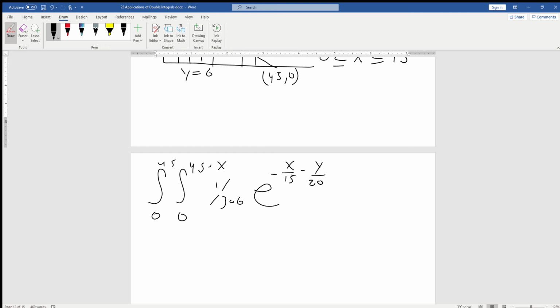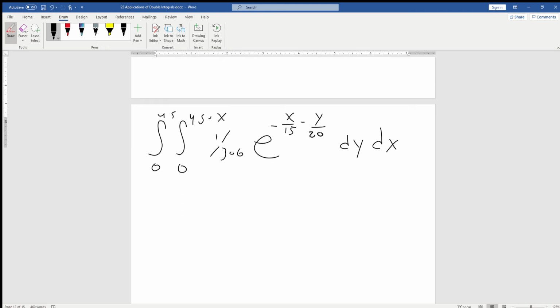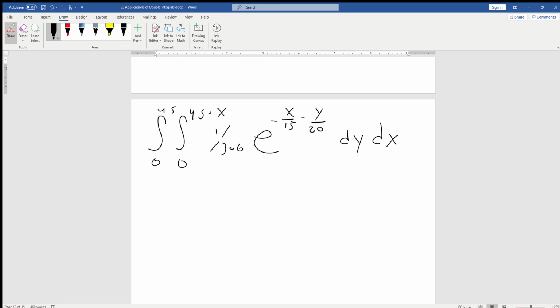We took care of dy first, so this is going to be dy, since we went up and down first on our graph, and then dx. Now, to evaluate this, we would use a u substitution. What I'm going to do is throw this into a computer algebra system to get to our solution.